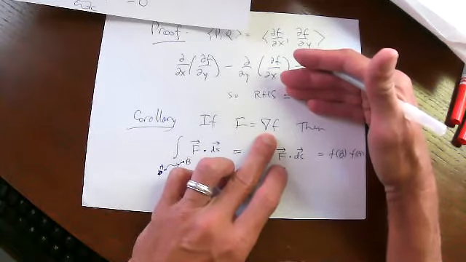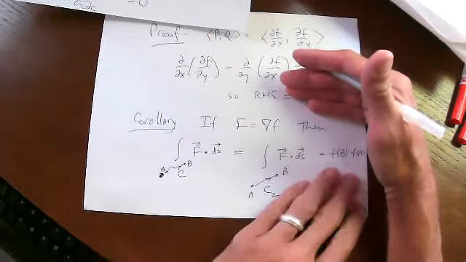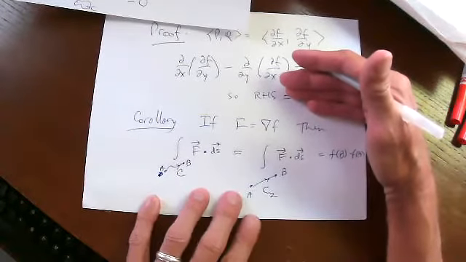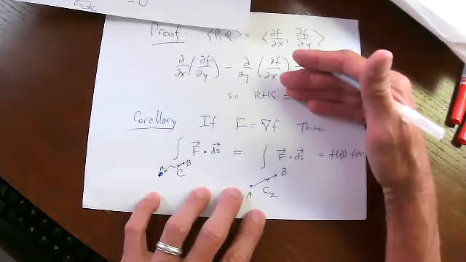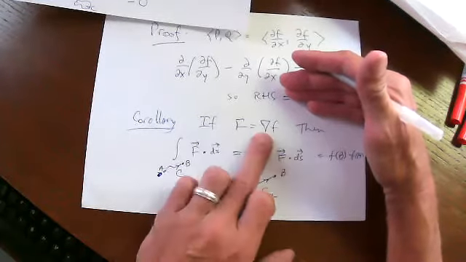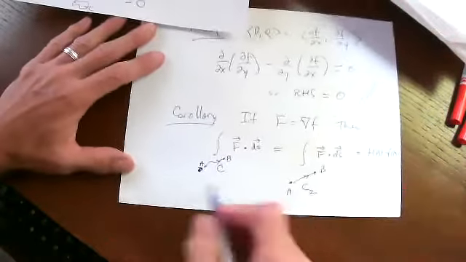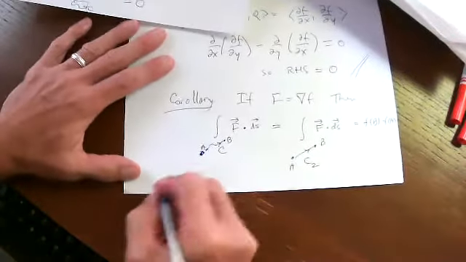In the cases where the force that you're fighting really only depends on the endpoints, that's the conclusion in general: your path is kind of irrelevant when you have a vector field like this. And the reason for this corollary is easy to see.